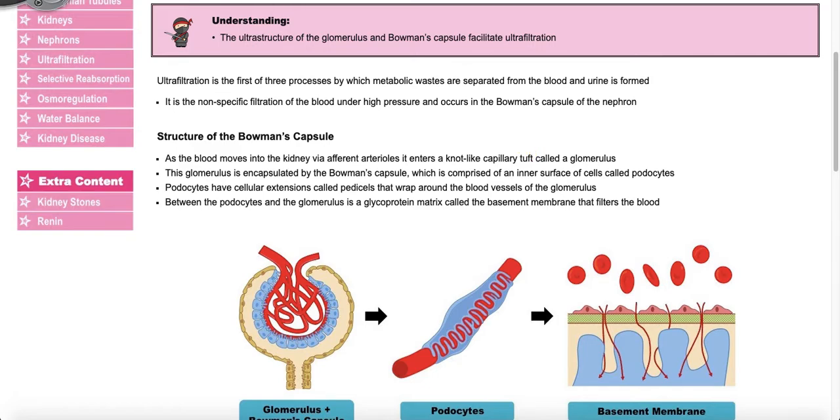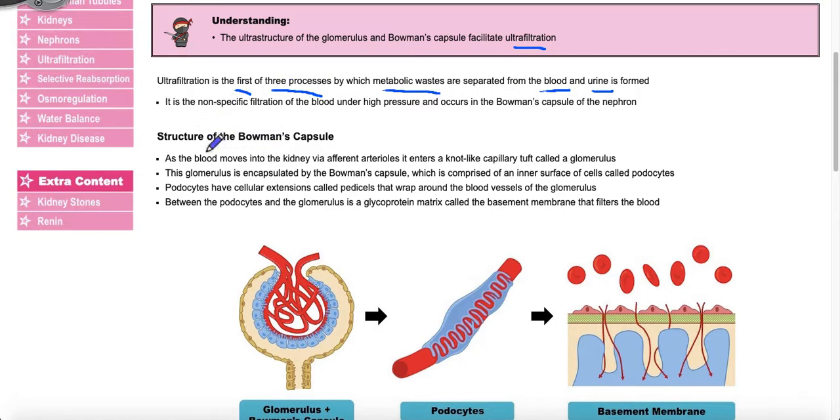So what is ultrafiltration? We know that this is the first of the three processes where that metabolic waste, made up of nitrogenous wastes, is separated from the blood and the urine, right? So then the blood is going to come back into your body and the urine is going to continue within the nephron until it reaches that collecting duct, and then it's going to go out into the urinary bladder and out of your body.